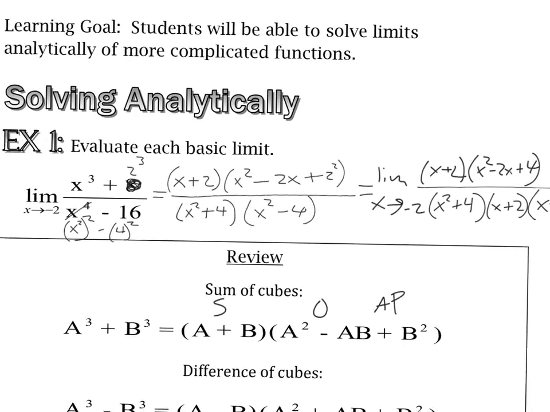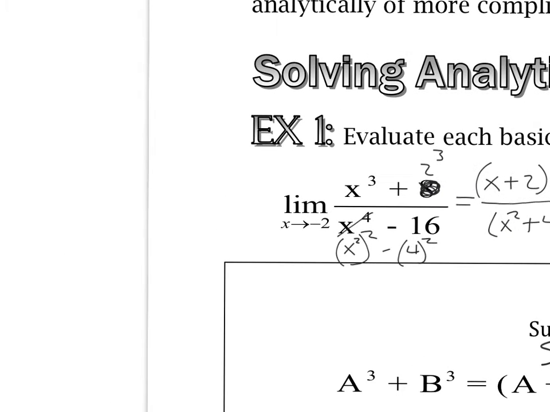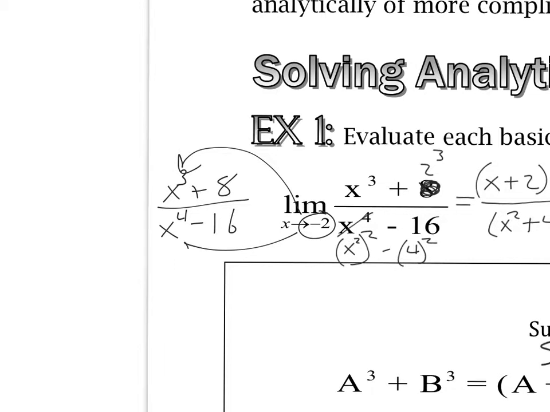Now from the very beginning I should have shown you that if we wanted to substitute in at the very beginning it wouldn't have worked. Let me just rewrite what we had here. We had x cubed plus 8 over x to the 4th minus 16. And if we would have taken a -2 and just plugged it in for the x, direct substitution, we could have seen right away why this won't work.